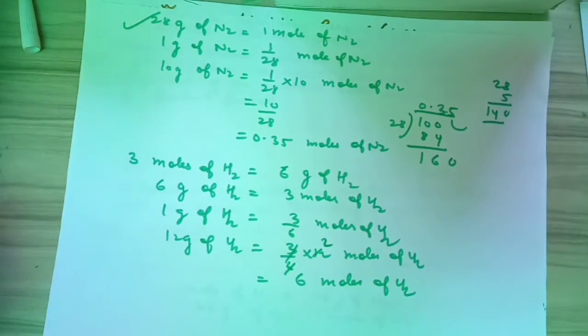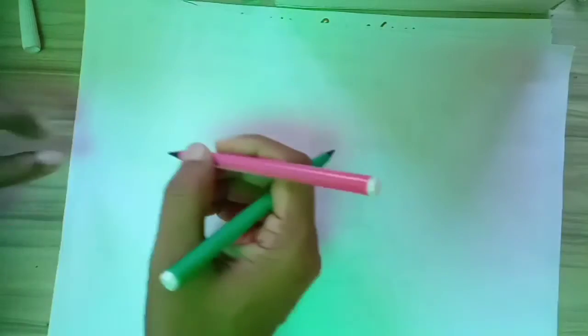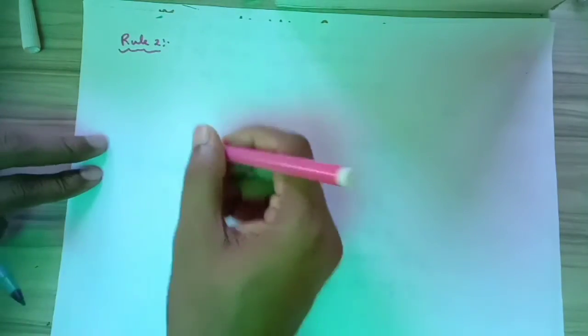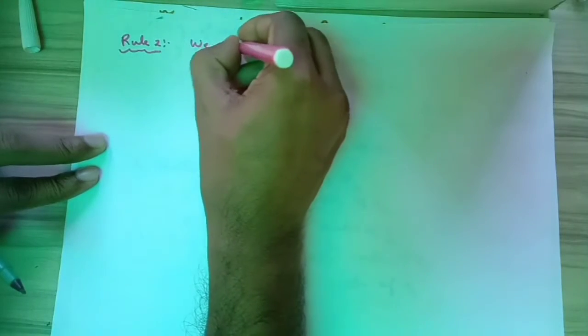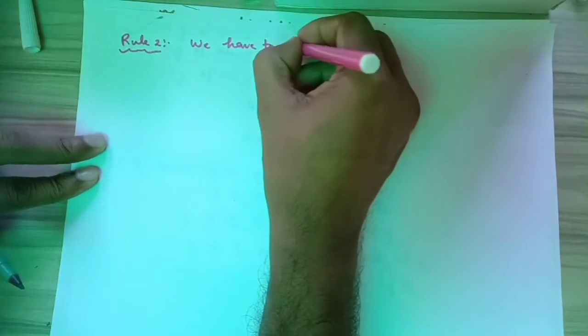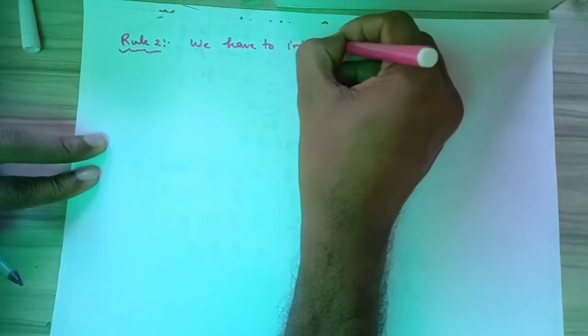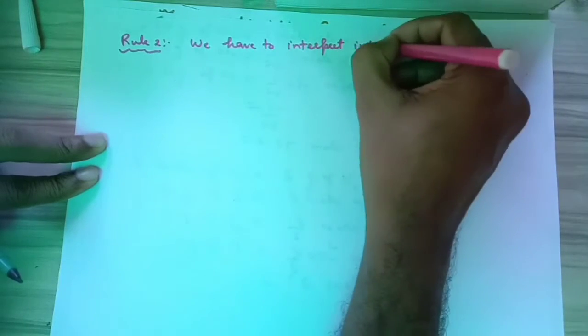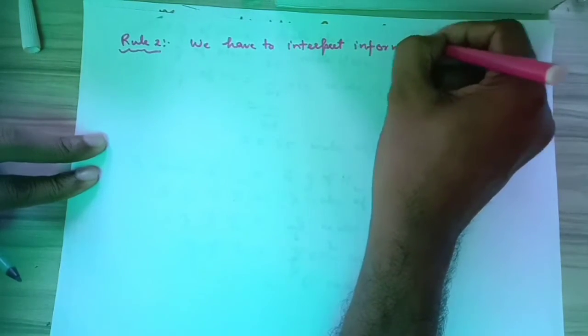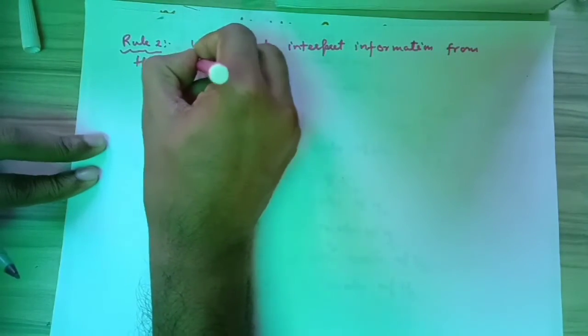Now the part 2. Now rule number 2. We have to interpret the information from the given equation.